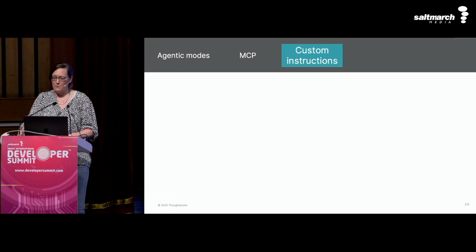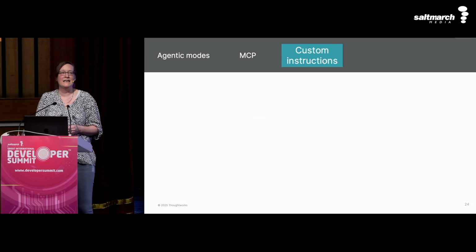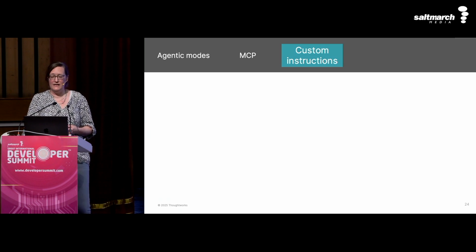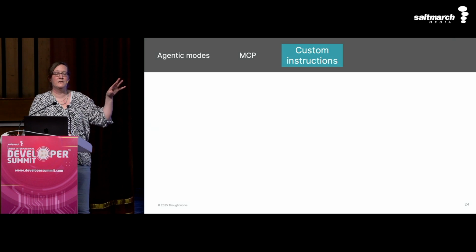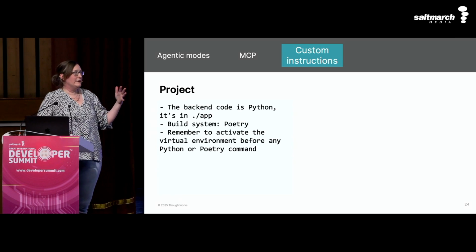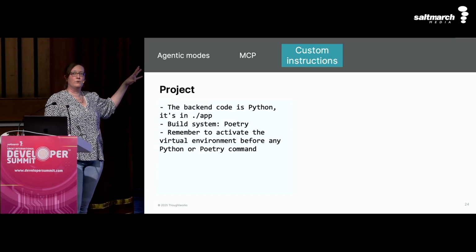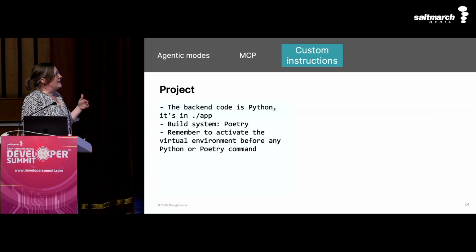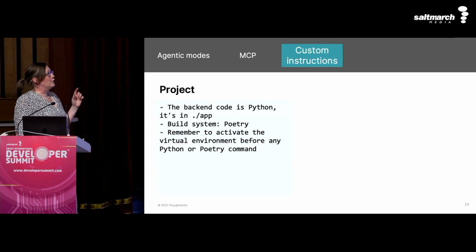Another feature that now becomes more important but has been around for a while is custom instructions or custom rules, it's also sometimes called. And again, most of the prominent coding assistants have this at this point. So you can, for example, in your project, put a file into your workspace that you can also commit and share with your whole team that says things like the backend code is Python and it's in the following folder.